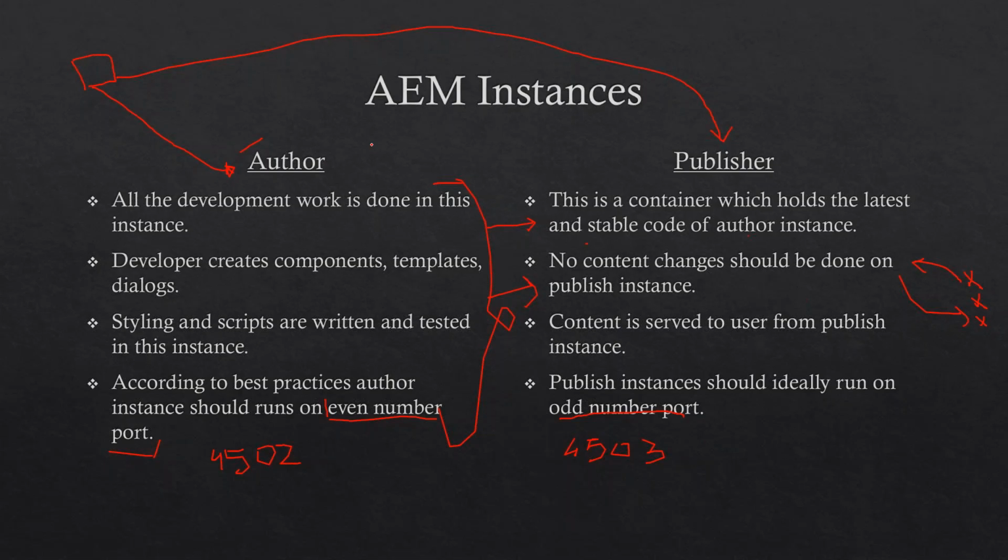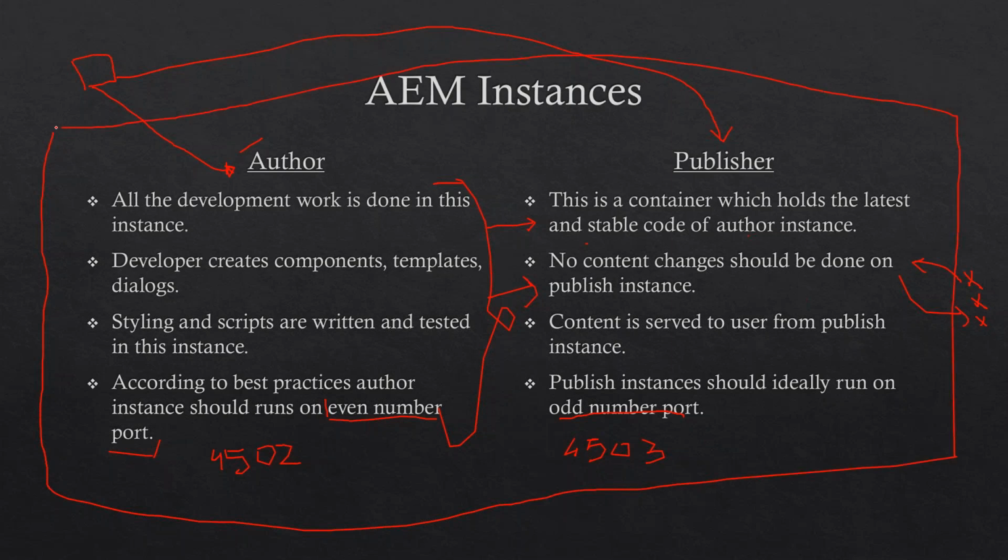Okay, got it. Basically kind of a development environment and production environment. So publisher is the production environment, author is the development environment. No, actually, this entire thing would be there in your production. Oh, okay. One would be author and one would be publisher.